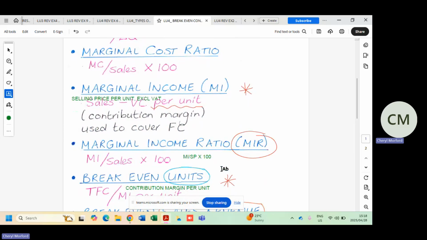Okay. It's also known as the contribution margin ratio. And how would we calculate that? It would be the contribution margin per unit divided by the selling price per unit times 100. But don't get confused here. Just a reminder, contribution margin and marginal income are the same.